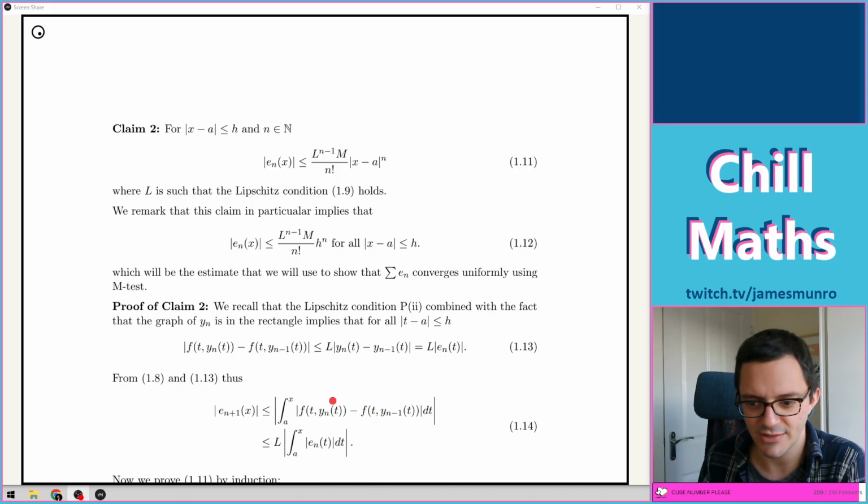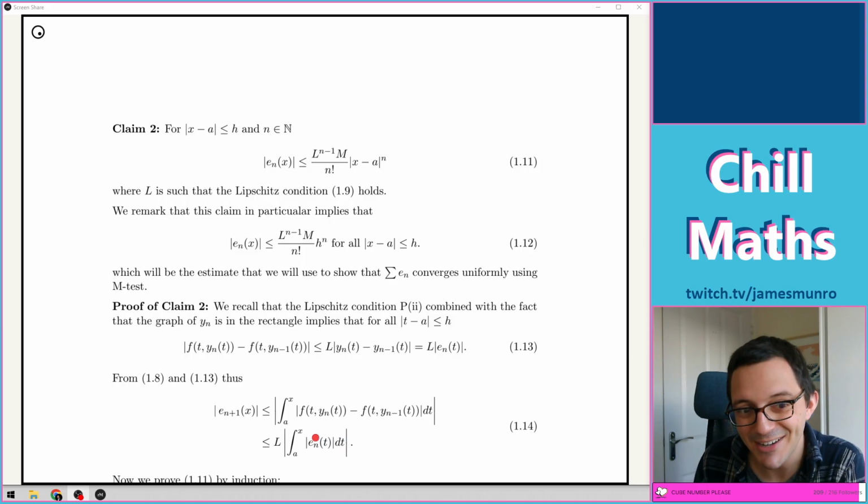The Lipschitz condition says that the difference between the f's, you're changing these values u and v, should be less than or equal to big L times the difference between these values. And the difference between those values is just called En.